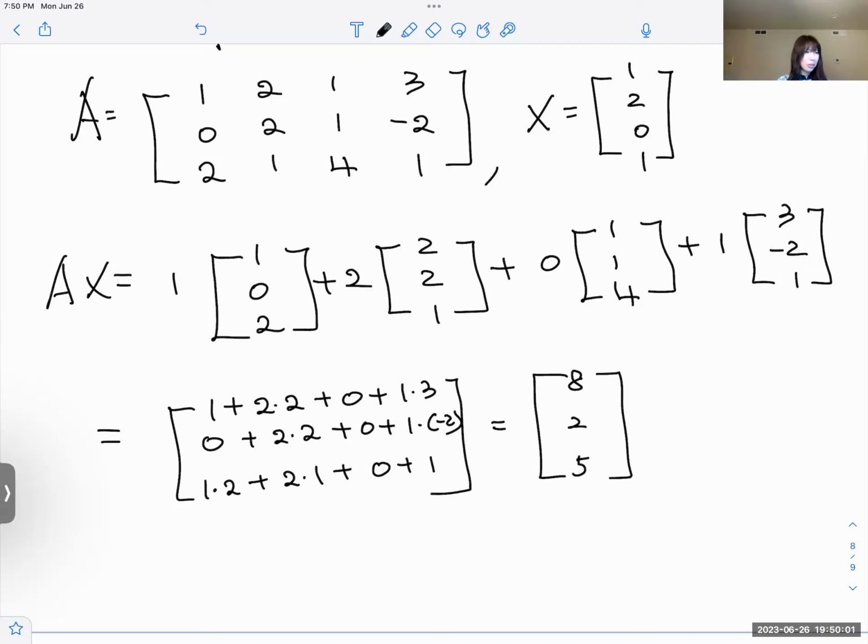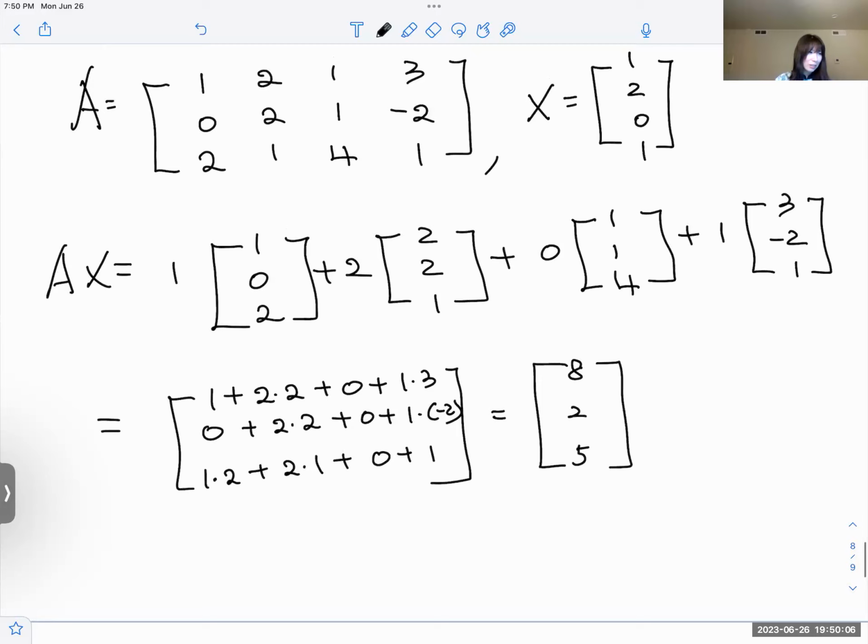This one is the matrix form. Okay, we have to write it down.